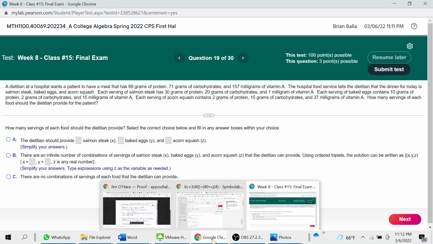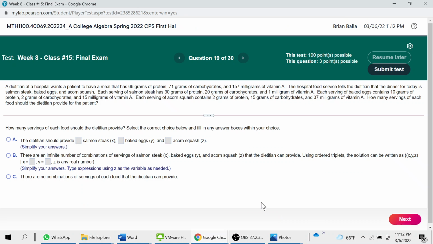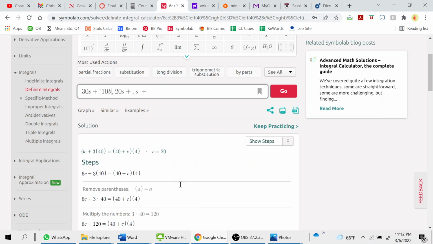So, 10B here, 10B, 2B, 15B. Okay, good. Now we're getting somewhere.